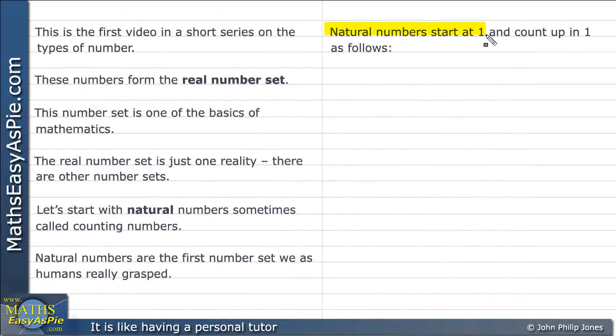Natural numbers start at 1 and count up in 1s as follows. We start with the figure 1, then 2, then 3, 4, 5, and I'll use these dots here to represent the numbers that would follow. So 5 will be followed by 6, 7, 8, 9, 10, 11, etc.